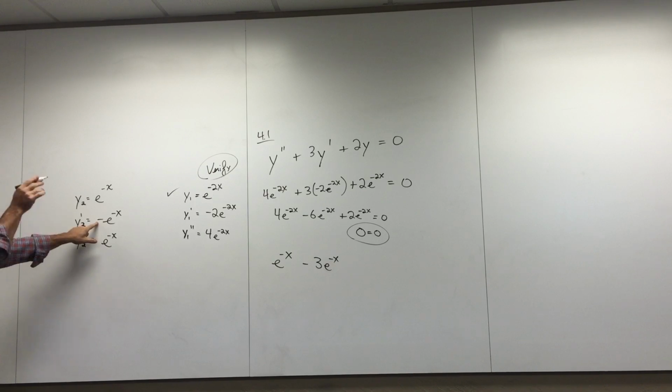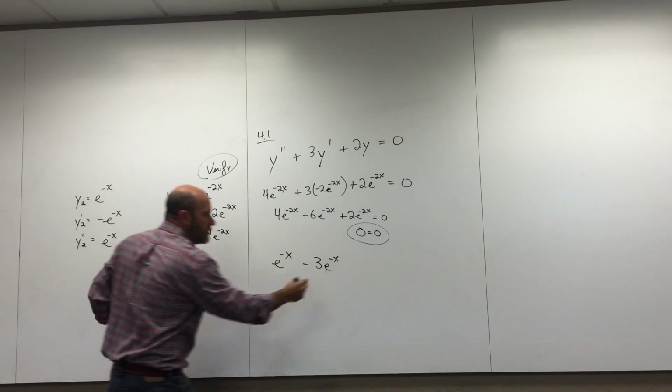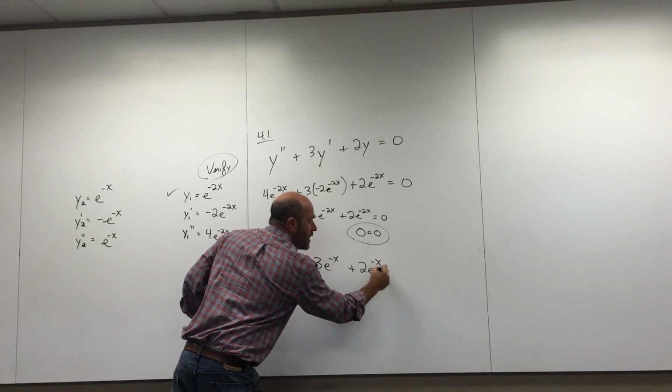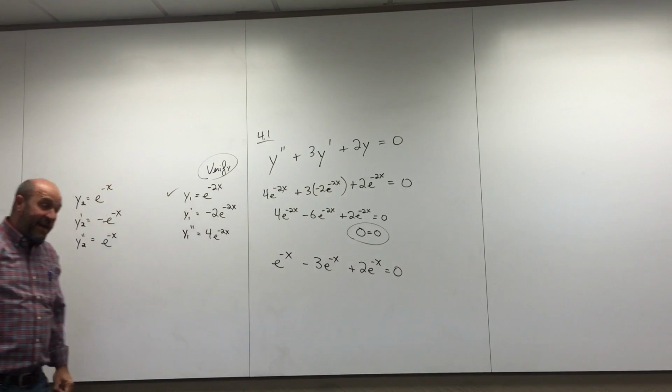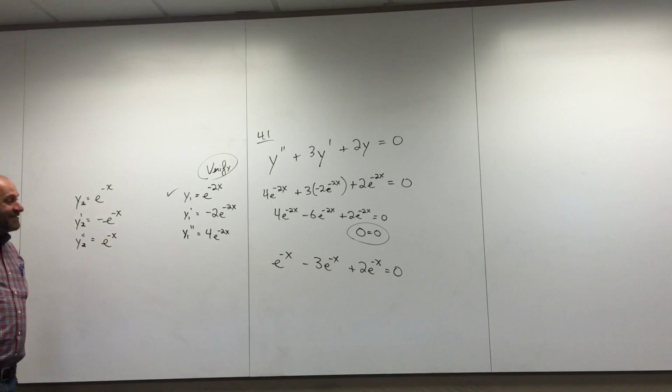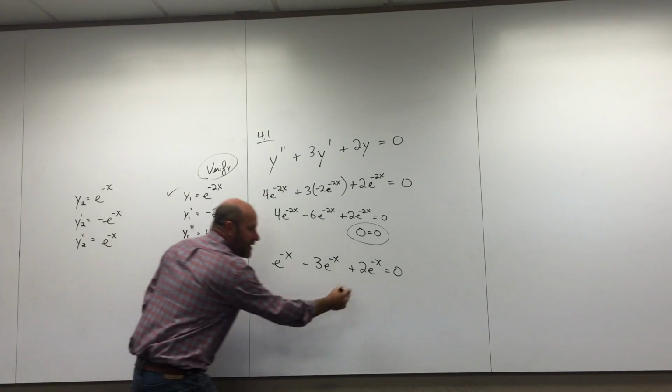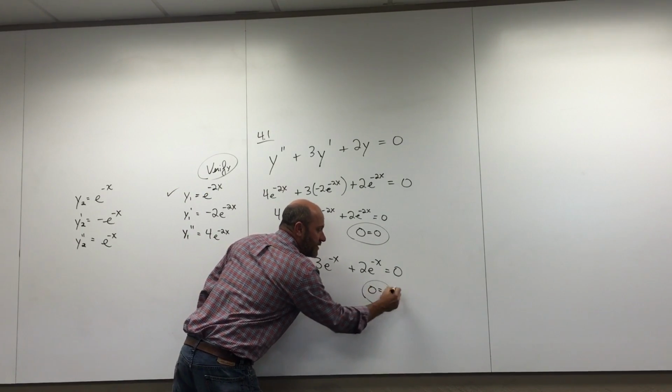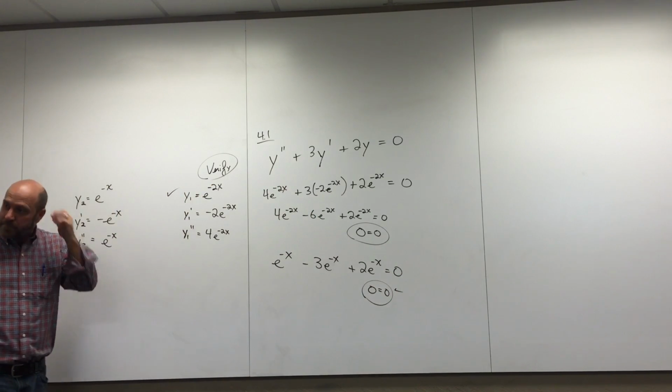And then there's positive 2 of those original y's. Well, does that add up? Good. I'll be darned. It sure does. 0 equals 0, which indicates, yeah, we verified that.